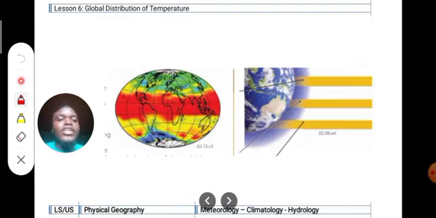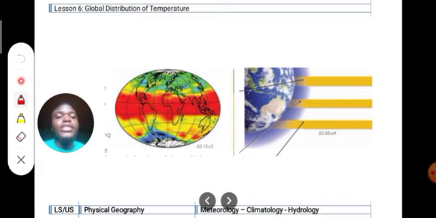On this slide, we have two pictures. The first one explains the fact that the sun is always overhead at the equator and the tropical regions, and this explains why we have the red band from west to east covering the equatorial and tropical regions of the world.